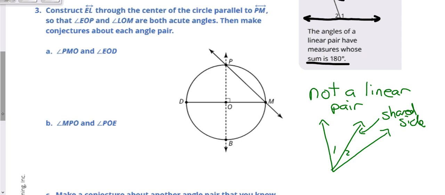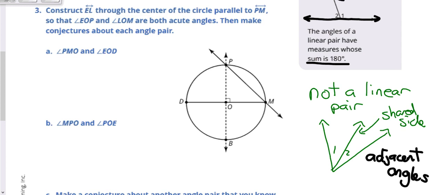They are rays, but they're not opposite rays. So this is an example of what are called adjacent angles. So they're not a linear pair, but they are adjacent.